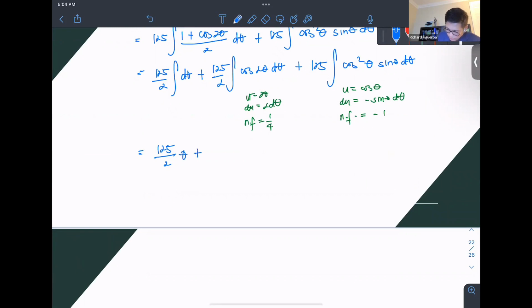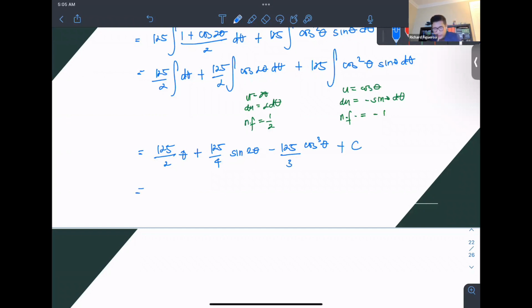And then for the neutralizing factor there, it is just 1/2. So 125 over 2 times 1/2 is 125 all over 4. So the integral of cosine will be sine 2 theta. And then plus the neutralizing factor of negative 1, so I'll have negative 125. So the integral of cosine will be cosine cube theta all over 3 plus c.